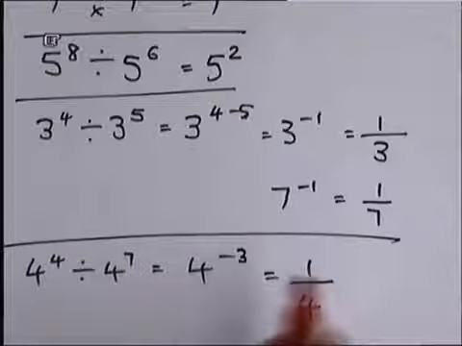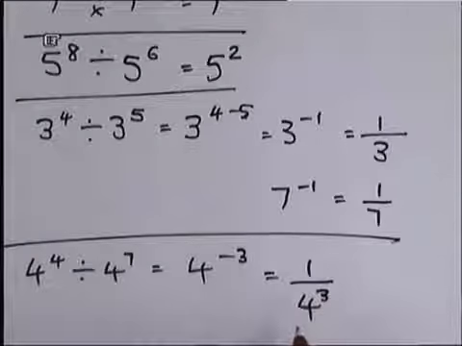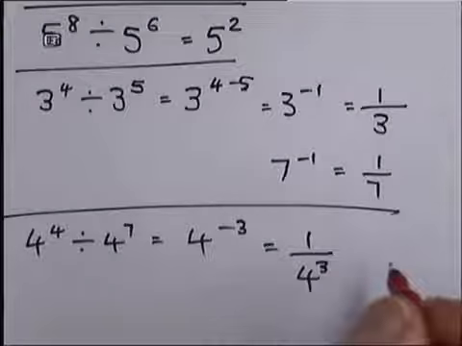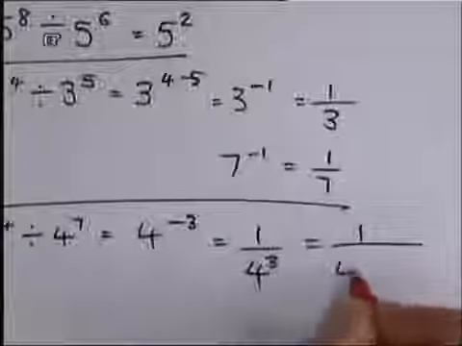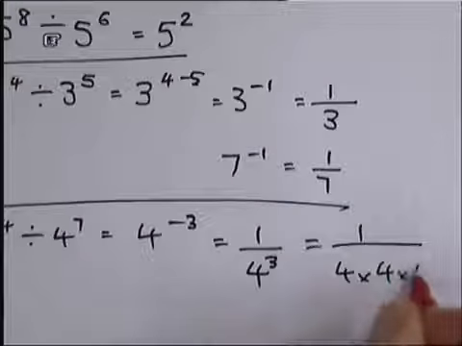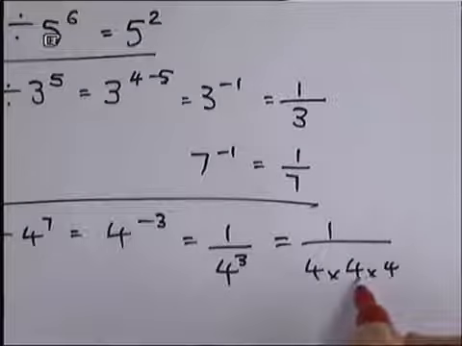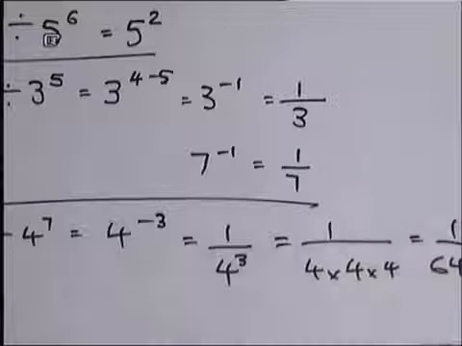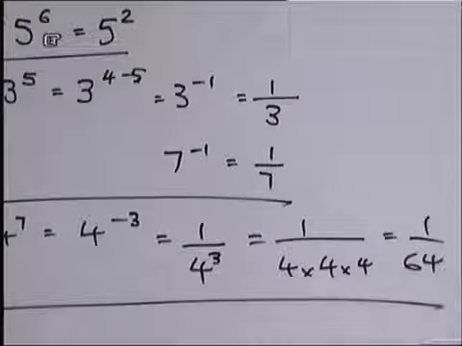If there's a 3 here, that's got to come down here as well. So 4 to the minus 3 means 1 over 4 to the power of 3. Remember, 4 to the power of 3 means 4 times 4 times 4. And if you worked out 4 times 4 times 4, 4 4s are 16, times that by 4 you get 64. So that is actually the same as 1 over 64.